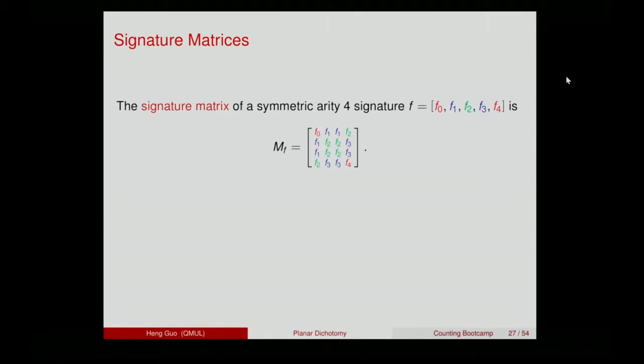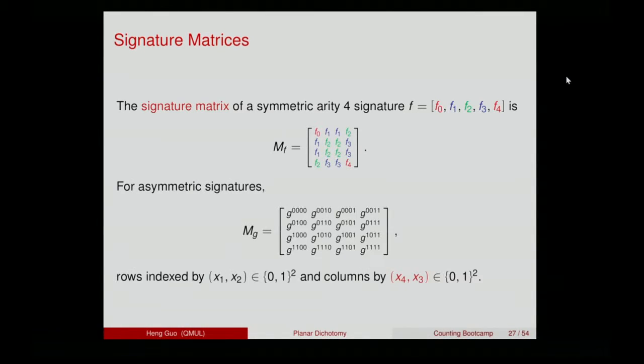In general, for an asymmetric function, we can write down this matrix G with entries 0000, 0001, and so on. Notice that usually we label the variables counterclockwise, but in this matrix notation, rows are indexed by x1, x2, and the columns by x4, x3. We swap the order here.